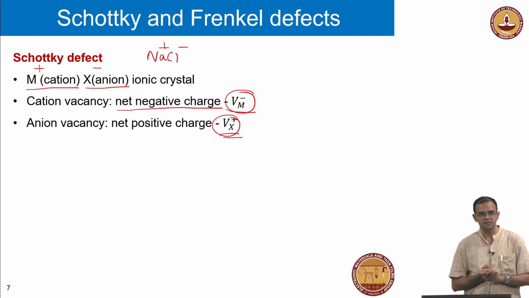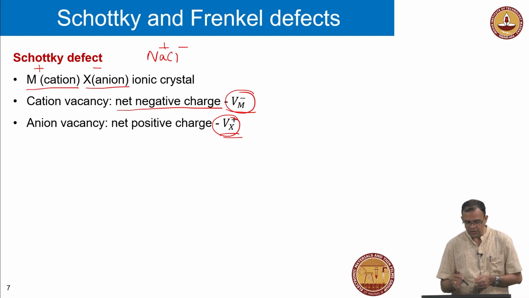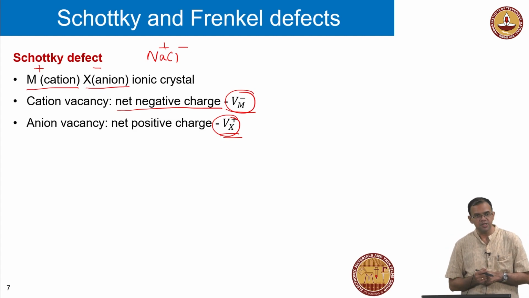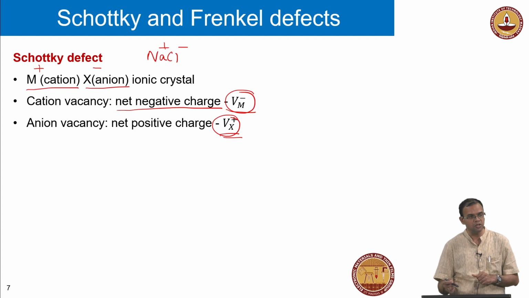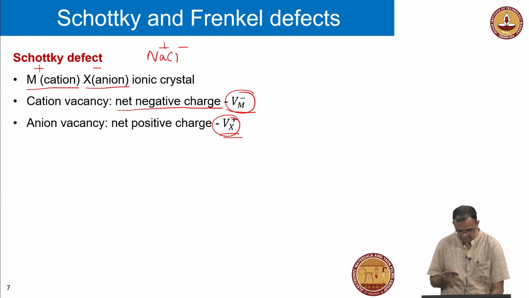Is that clear? Why do we say that the vacancy has an opposite charge to what is being removed? So we have V_M minus that represents the cation vacancy and V_X plus that represents the anion vacancy. We will talk about the notation in just a minute.